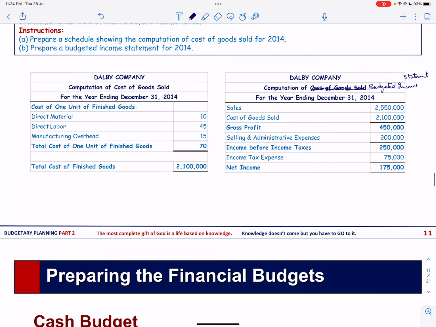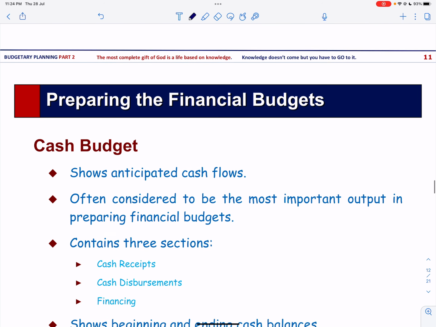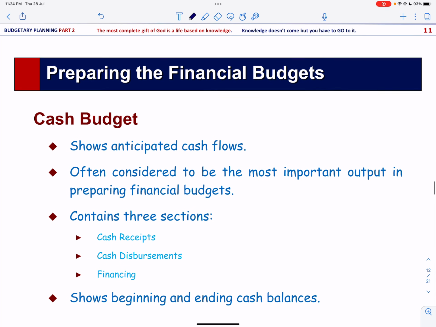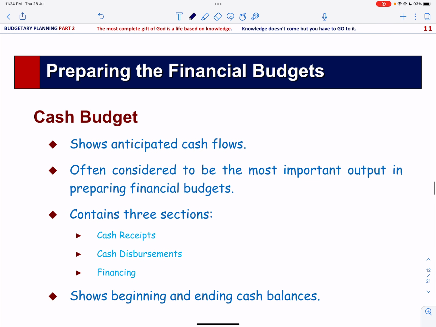So let us now talk about how to prepare the financial budget. A financial budget, a type of master budget in budgeting, means predicting the income and expenses of the business on a long term and short term basis.